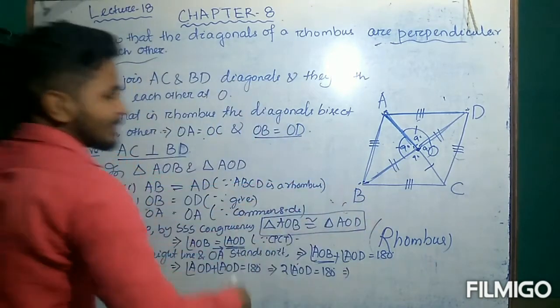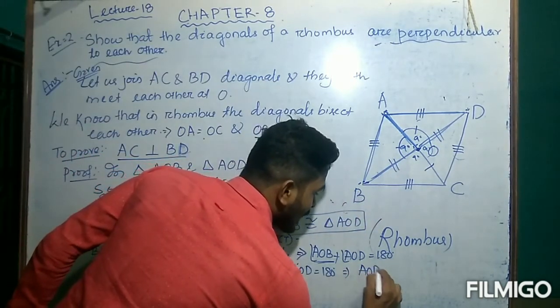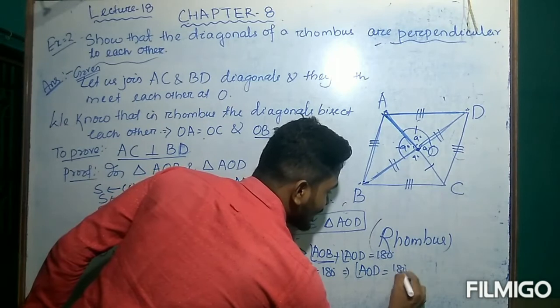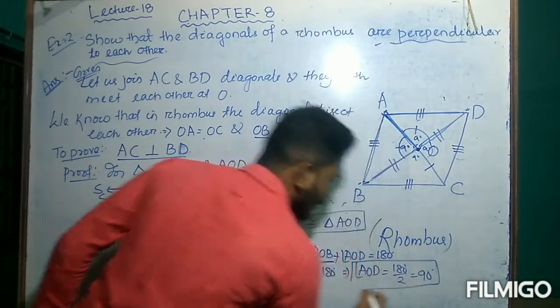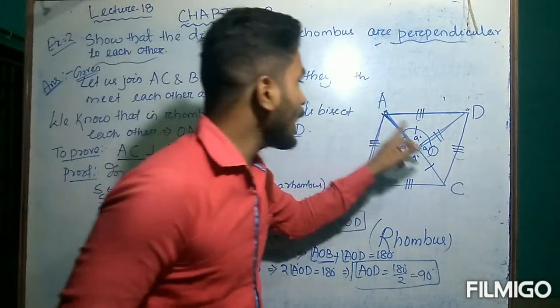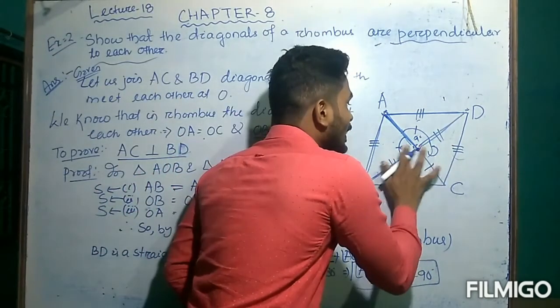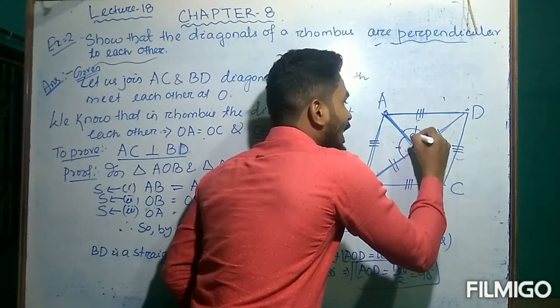Now 2 moves to the right hand side, so we get AOD is equal to 180 degrees by 2, that is 90 degrees. Hence we find the value of angle AOD is 90 degrees.